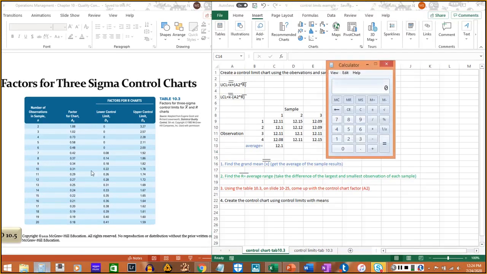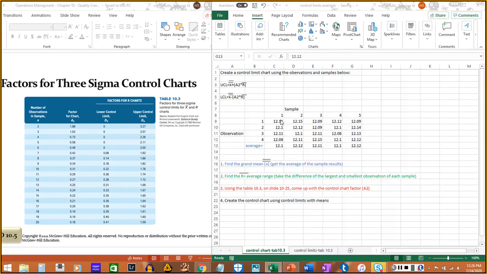But if you want to do it the old school way, or the right way so that you learn it, you do 12.11 plus 12.1 plus 12.11 plus 12.08 equals, and then you divide that by 4 observations, and that's where that 12.1 number comes from.